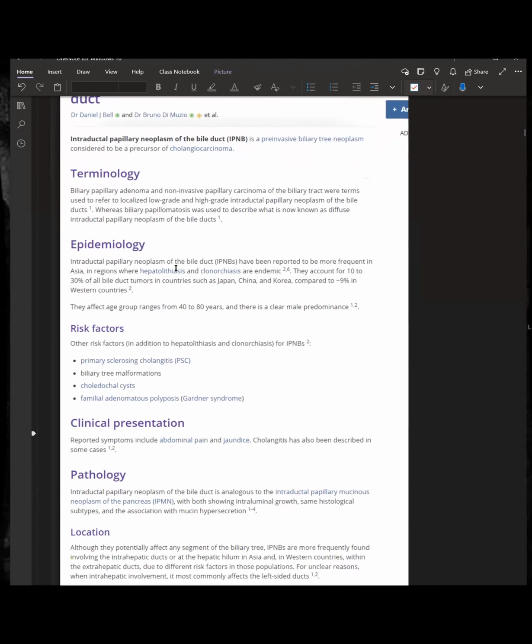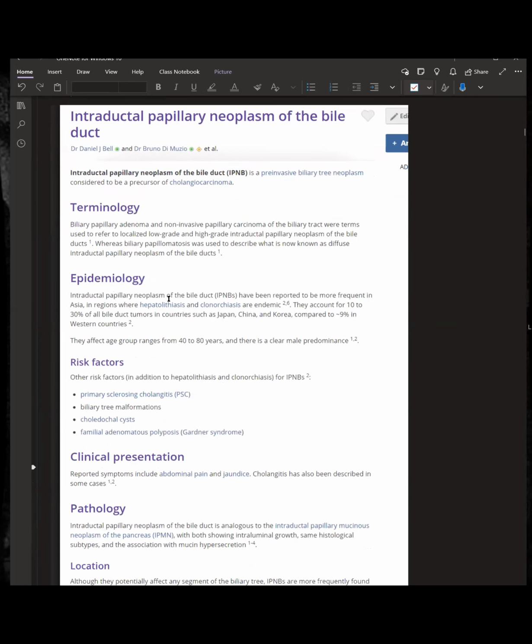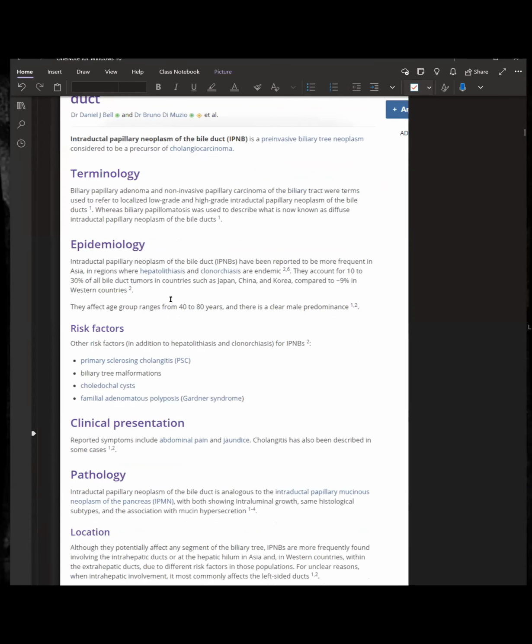So I thought this was an IPNB. I know Arti has presented IPNBs in the past. IPNBs are like IPMNs of the pancreas, and they're important because they're precursors to cholangiocarcinoma.